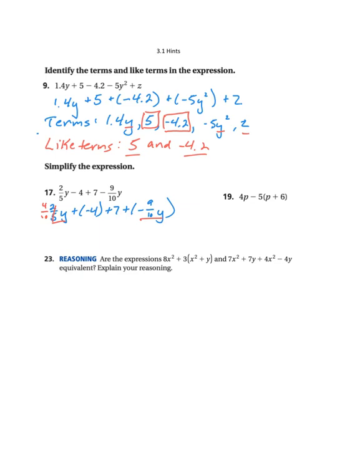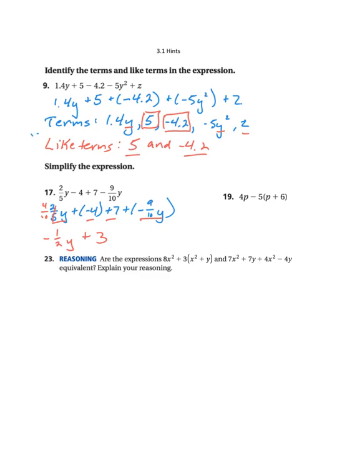So that's negative 5/10 y or negative 1/2 y, plus, now I'm going to combine my constant terms. Negative 4 plus positive 7 is 3. So my simplified expression is negative 1/2 y plus 3.